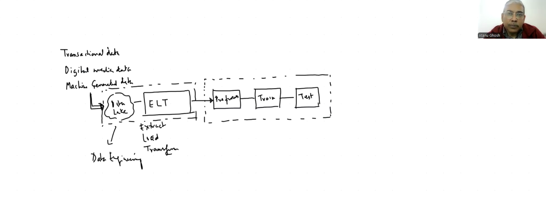One thing you need to be very clear about is that extraction, loading, and transform is not the same as extraction, transformation, and loading, or ETL. ETL is a typical activity that is done to convert data from an OLTP system, or online transaction processing system, to an OLAP system, or online analytical processing system.